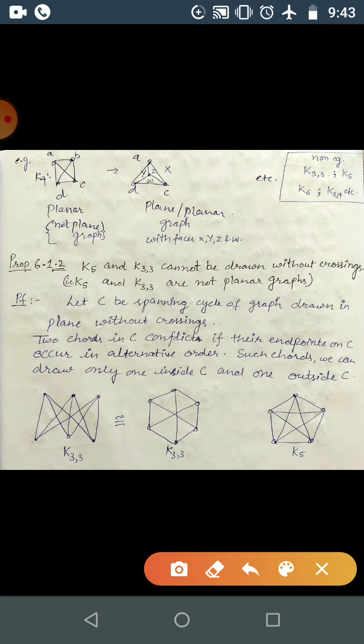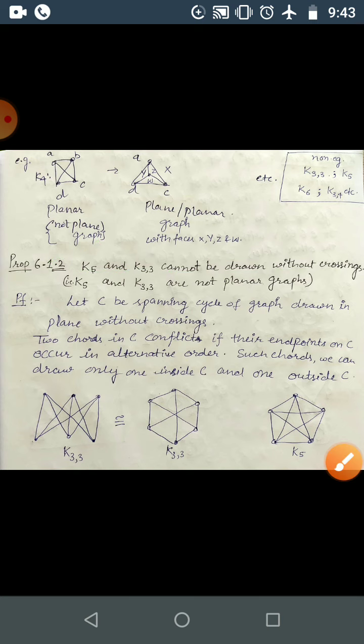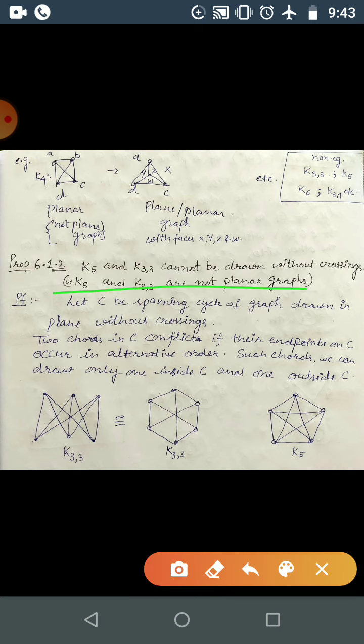Okay, now come to this proposition. The proposition is: K5 and K33 cannot be drawn without crossing, meaning K5 and K33 are not planar. Correct. So here I have just written this one. Now in K5 and K33, every vertex has degree at least 4 or 3.